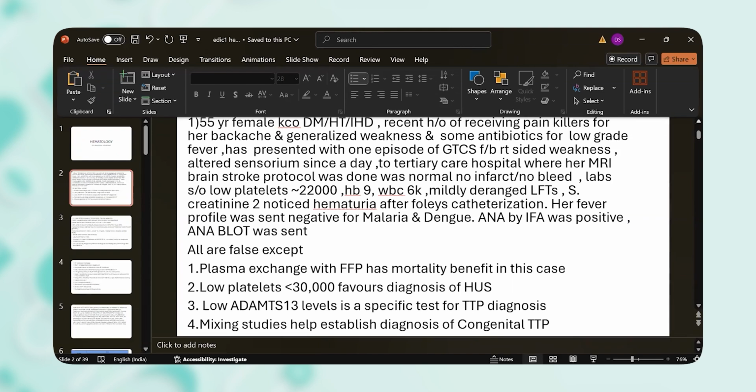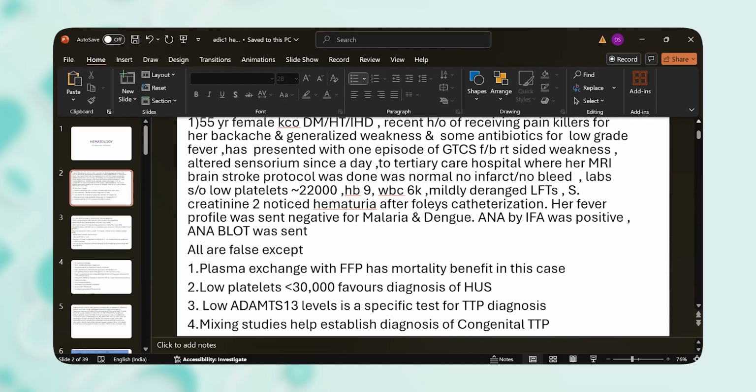A 55-year-old female, known case of diabetes, hypertension and IHD. She recently received painkillers for her backache and weakness. She took some antibiotics also for low-grade fever. She presented to a tertiary care hospital with one episode of GTCS followed by right-sided weakness and altered sensorium. When we did an MRI stroke protocol for her, it was normal, no infarct, no bleed.